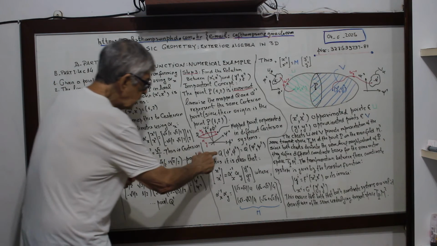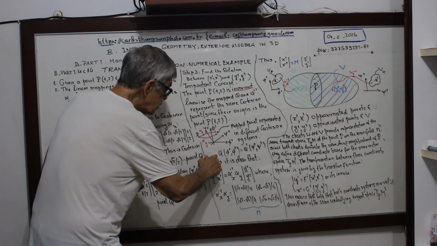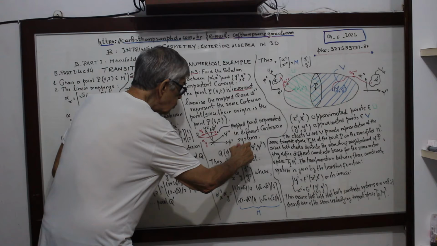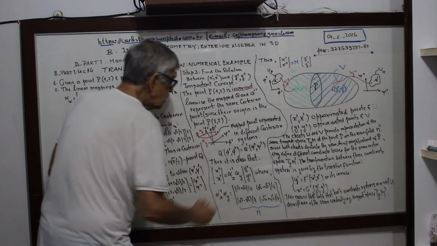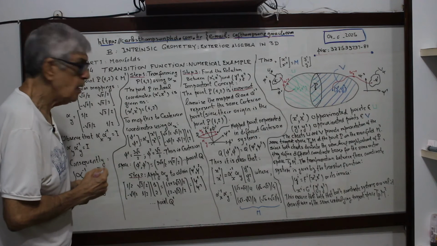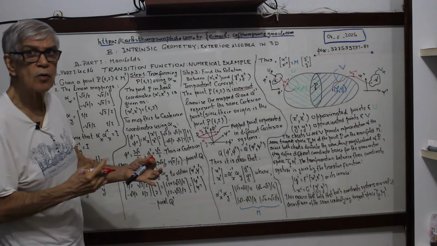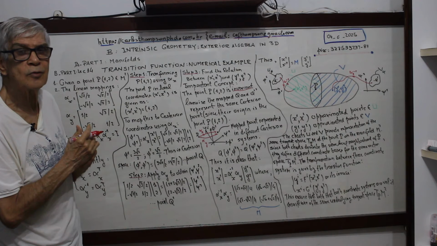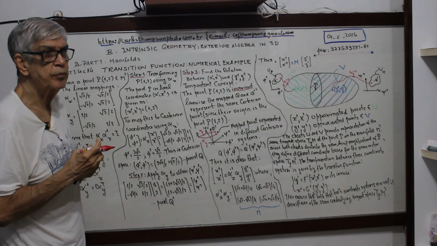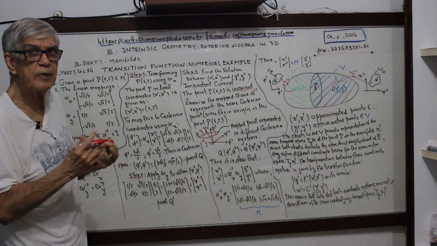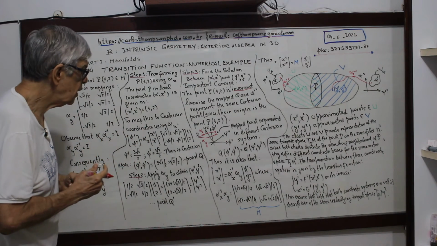This point Q is identical to Q prime, although the coordinates are different. Like I said, Cartesian coordinates and spherical coordinates can be used to represent the same point.